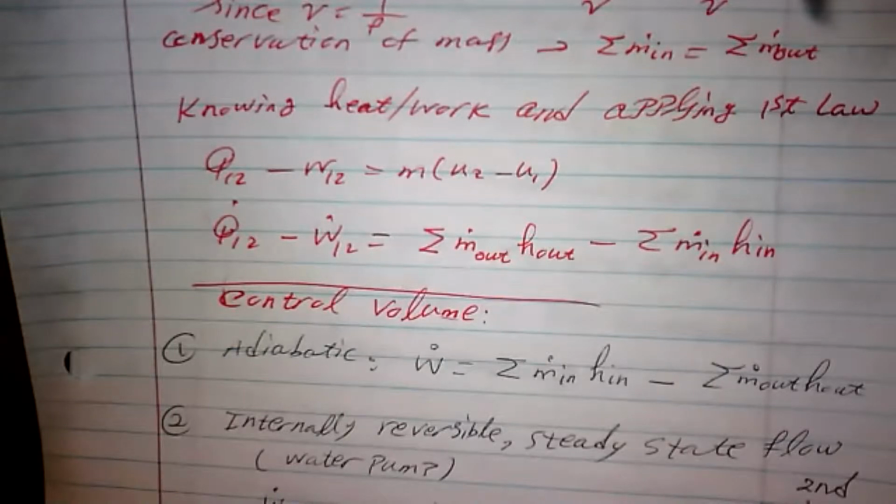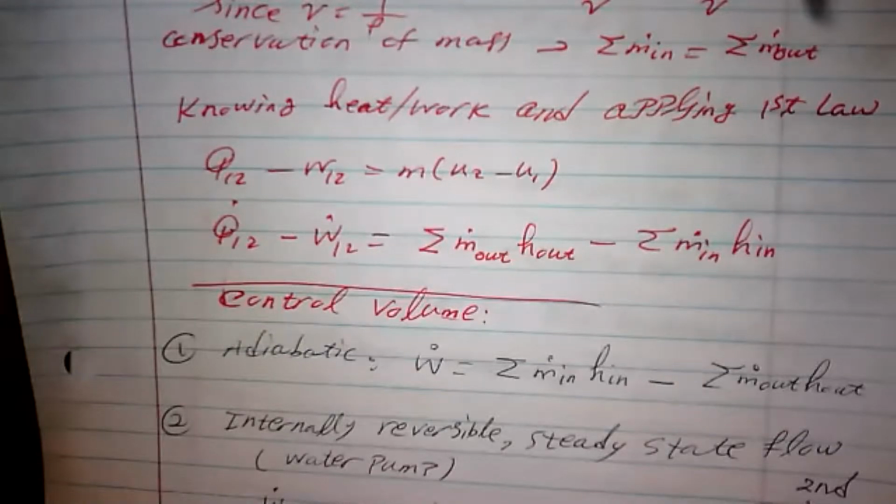Because the specific internal energy is defined as total internal energy divided by mass. So when you rearrange that, this is equivalent to delta U, a large capital letter U. If we replace that with M(u2 minus u1), that means we're talking about a specific internal energy that you can look up in the table for the given intensive properties, okay.